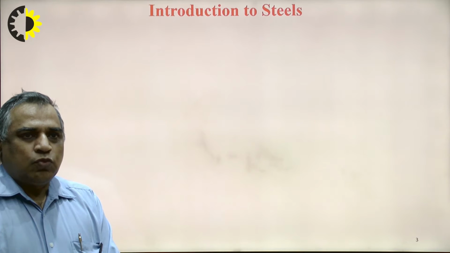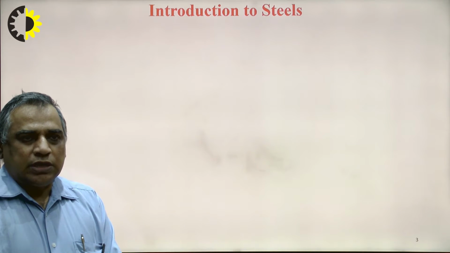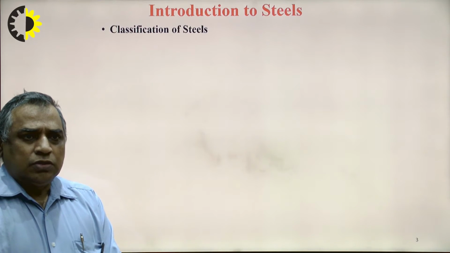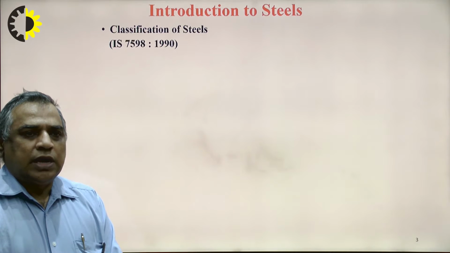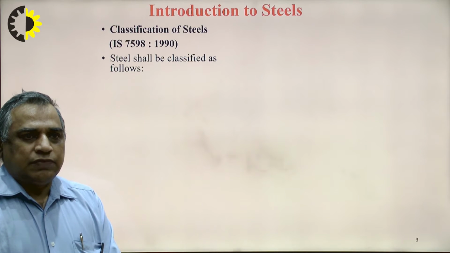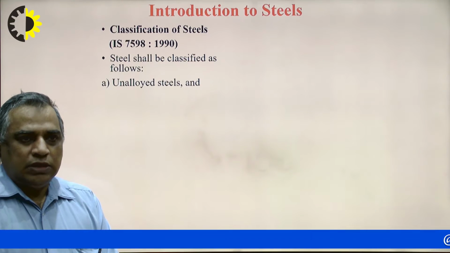So first of all, what is steel? Steel, as I have mentioned, is an alloy of carbon and iron. As per ISO standard 7598 of 1990, steel shall be classified as unalloyed steel.